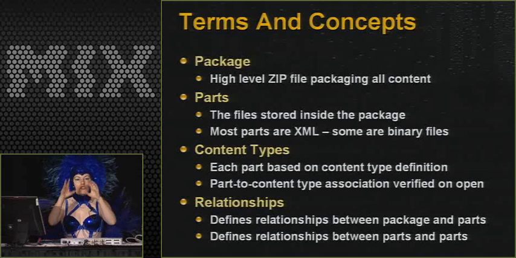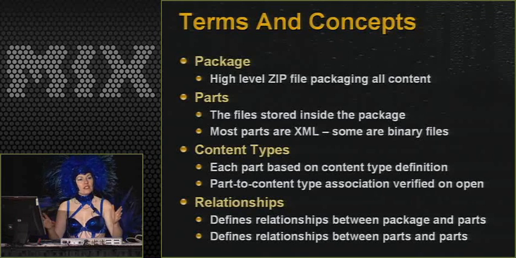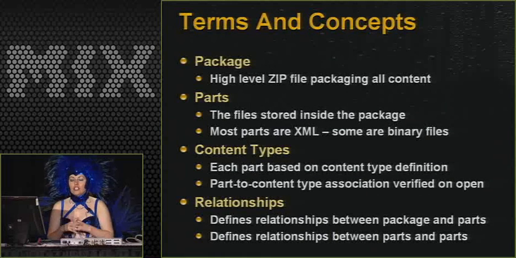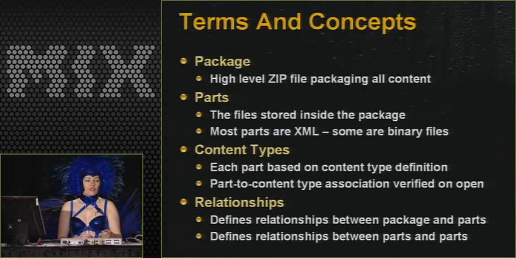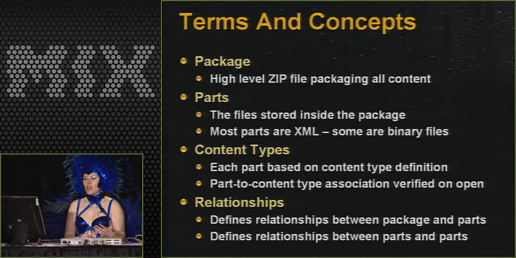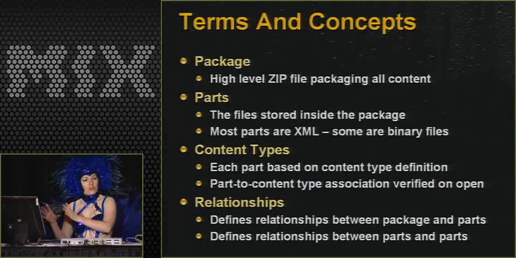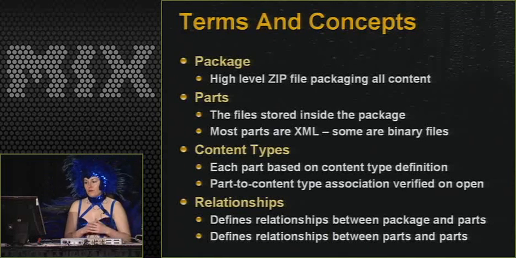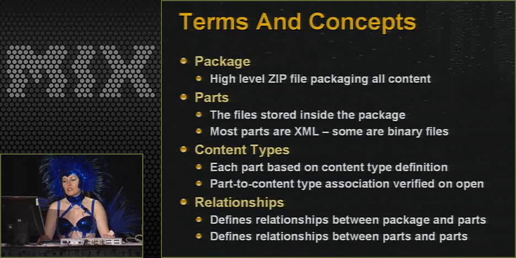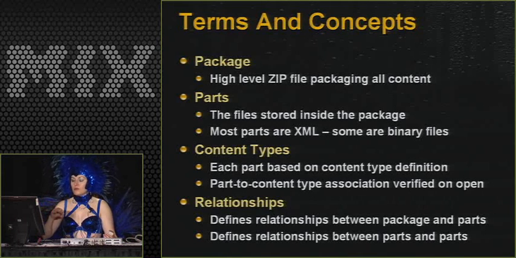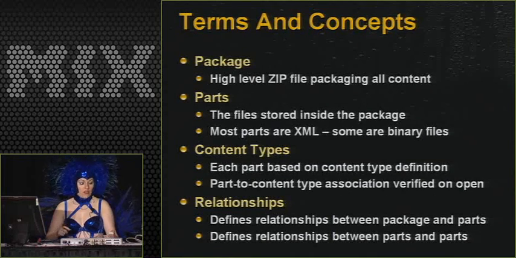And these are all of the parts stored within a tree in a hierarchy inside the package. Each part has to be typed, so there are specific content types, and that helps keep track of everything, both as a developer and as a designer. And the relationships help define the relationship between the package and its subparts and the parts to each other.